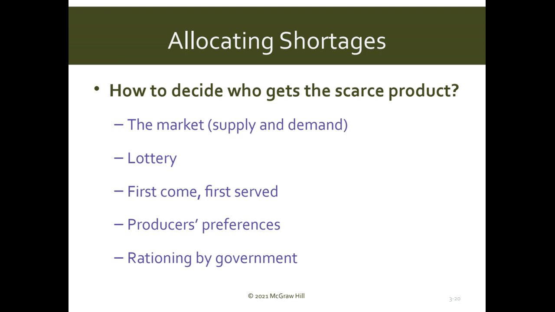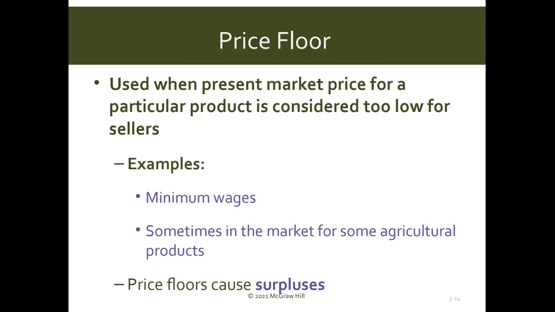Same analysis for price floor. Examples: minimum wages. So price floor is normally applicable in the labor market and in the agriculture market. So let's discuss. Price floor is exactly opposite of price ceiling.